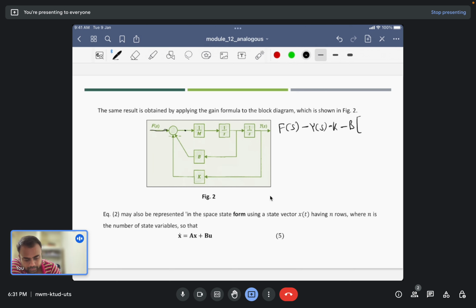Let us say this term here is R of s. So R of s times 1 upon M into s is equal to the output. So let us take R of s on the RHS form. So F of s minus Y of s into k is equal to R of s times (b by M into s plus 1).